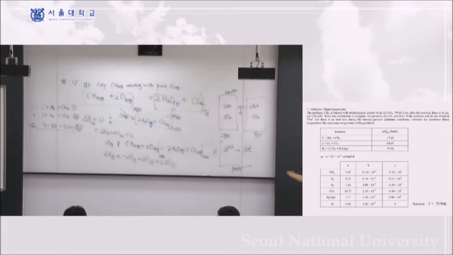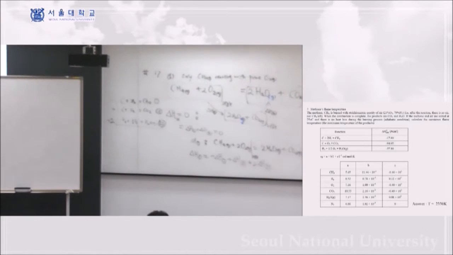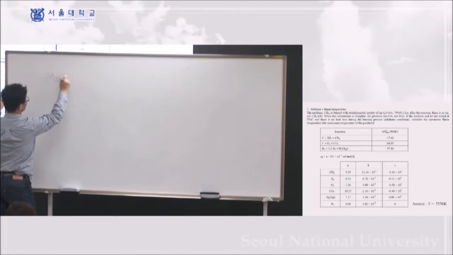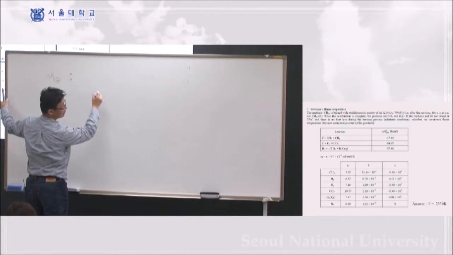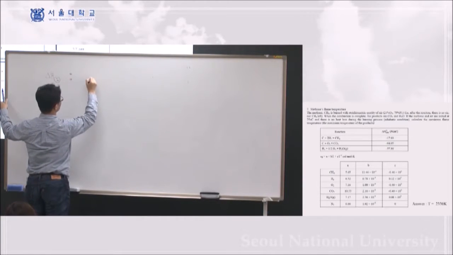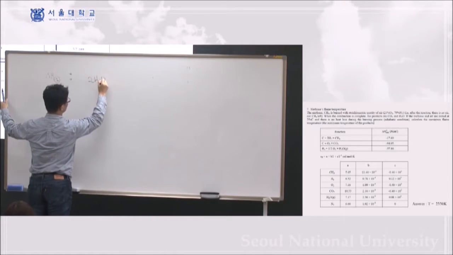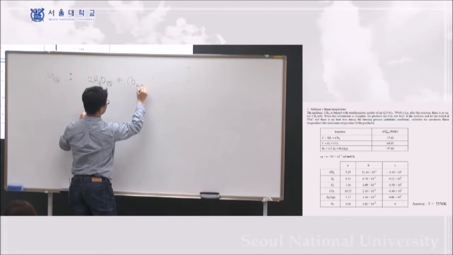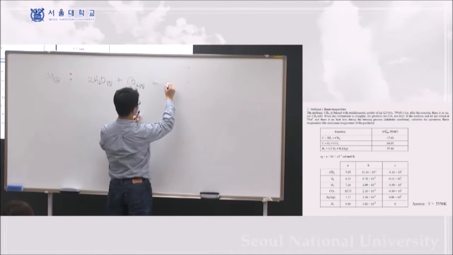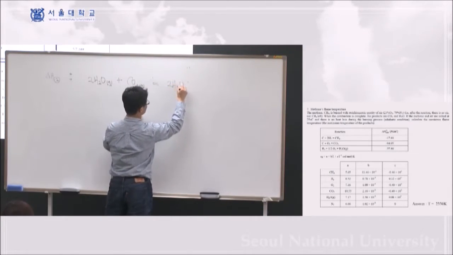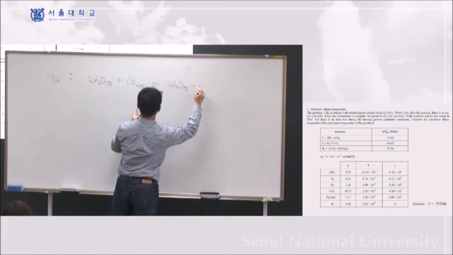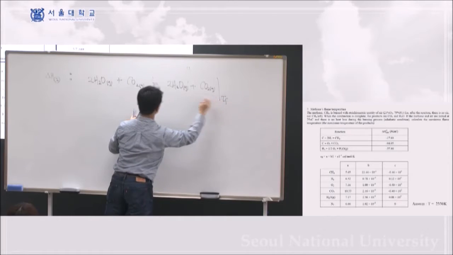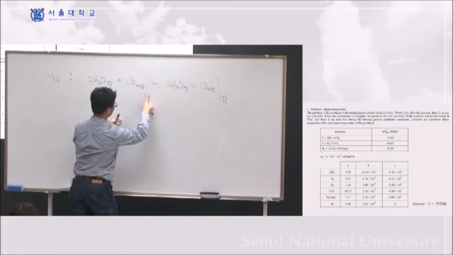So delta H2 is related to 2 moles of H2O gas plus 1 mole of CO2 gas, becoming 2 moles of H2O gas plus 1 mole of CO2 gas. And this one is T final, and this one is T 298 Kelvin.